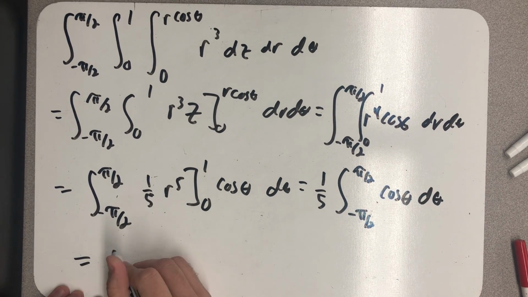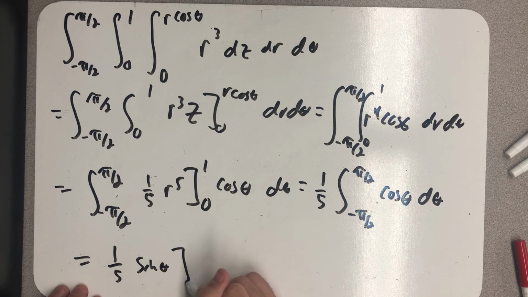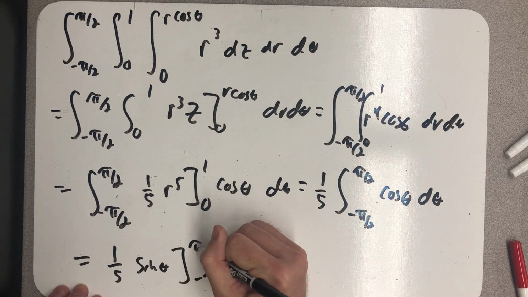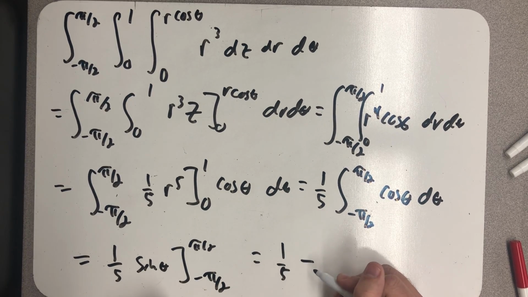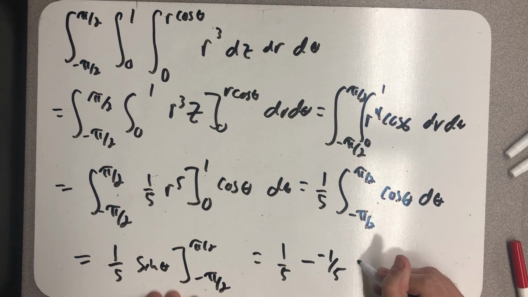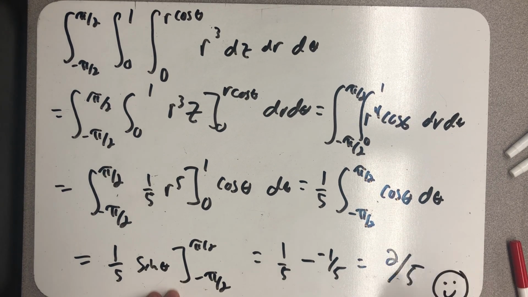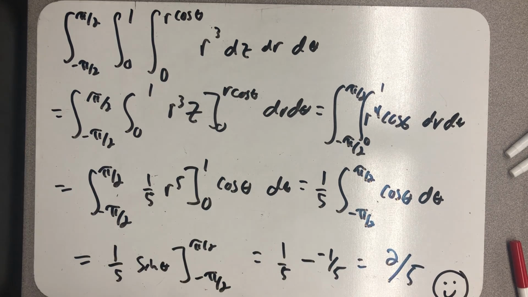From here, we will just have 1/5 sine of theta, evaluated from minus pi halves to positive pi halves. That gives me 1/5 minus negative 1/5, which is 2/5. And there's our nice, happy triple integral, having changed from rectangular coordinates to cylindrical coordinates.